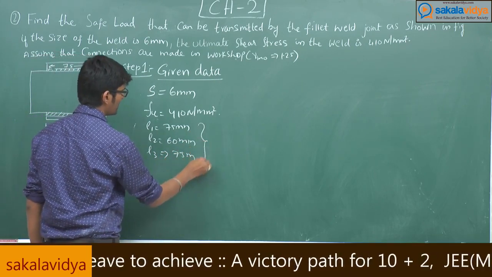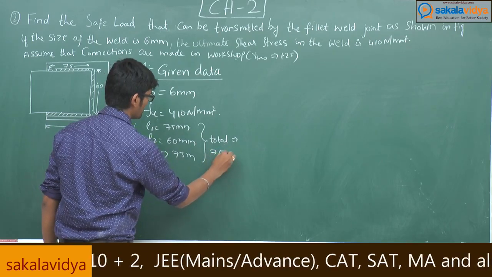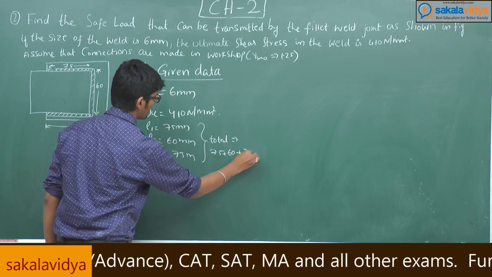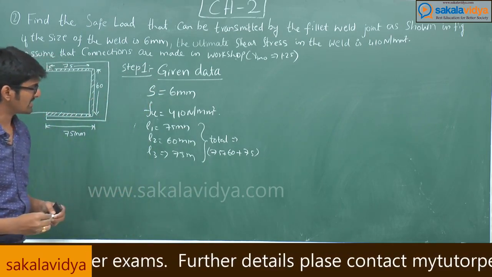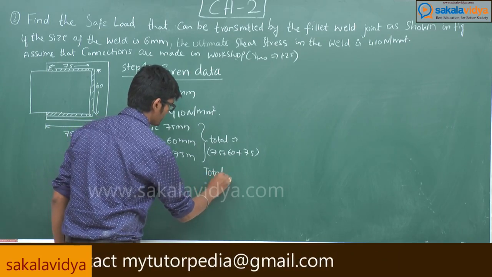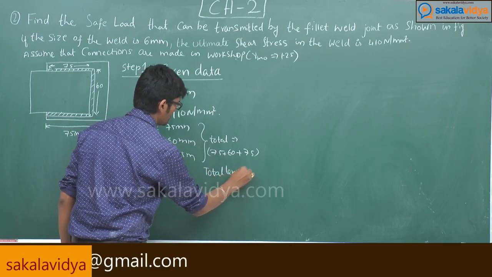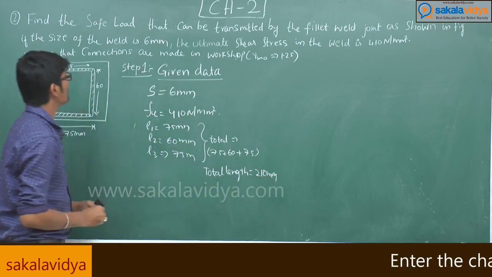So what is total length? Total length is equal to 75 plus 60 plus 75. So 75 plus 75 is 150, 150 plus 60 is 210. So the total length is equal to 210 mm.